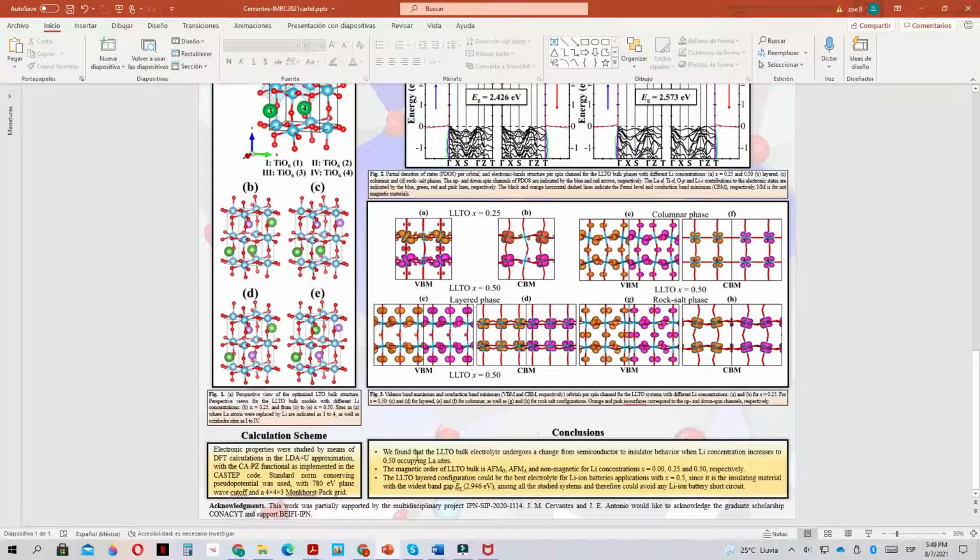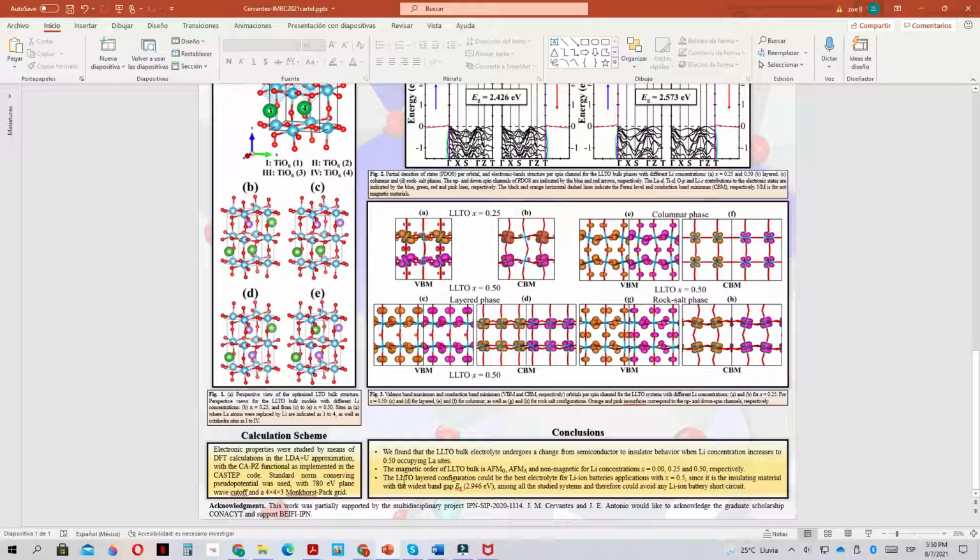Conclusions. We found that the LTO bulk electrolyte undergoes a change from semiconductor to insulator behavior when Li concentration increases to 0.5 occupied sites. The magnetic order of LTO bulk is G-type antiferromagnetic, E-type antiferromagnetic, and non-magnetic for Li concentration x equal to 0, 0.25, and 0.5, respectively.